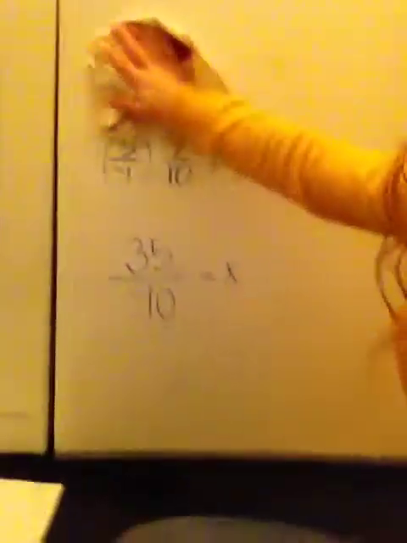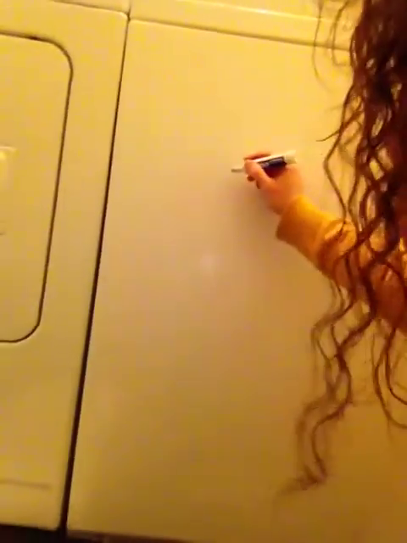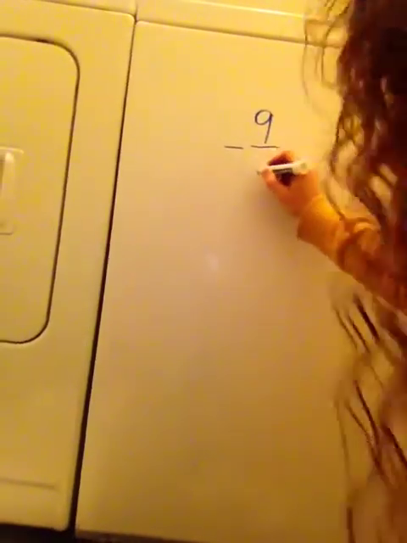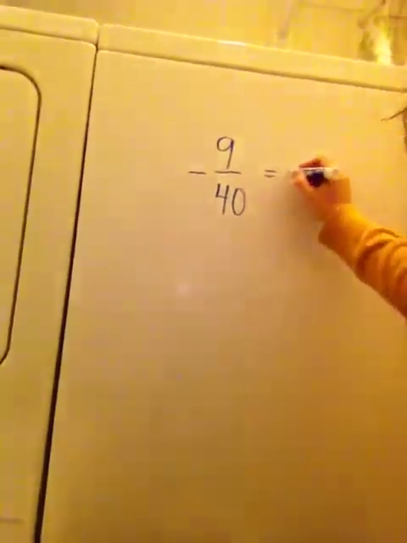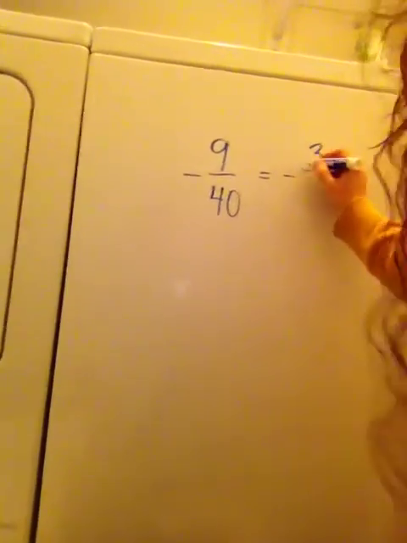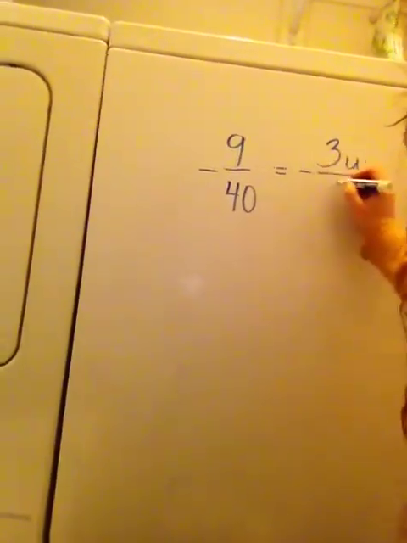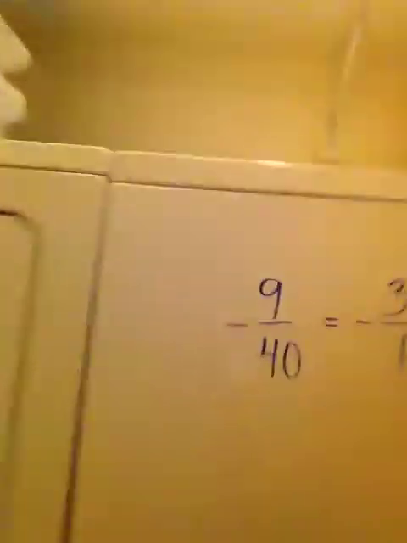Let's try one where the variable is written in the numerator. So we're going to do negative 9/40 equals negative 3u over 10.